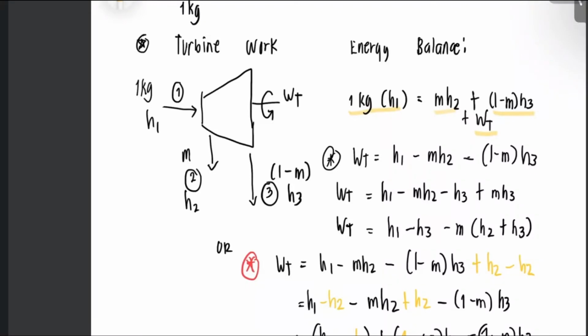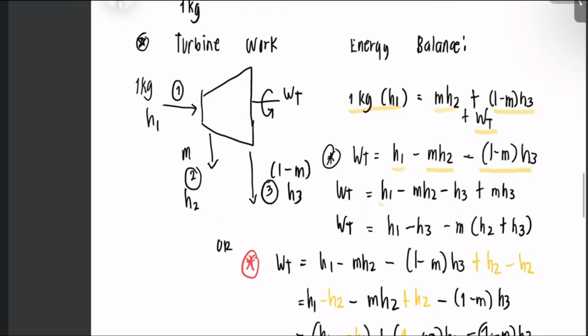And simplification, the work of the turbine now is equal to H1 minus MH2 minus the quantity 1 minus M, H3. Yan. So, distributive property, negative times negative, positive na yung magiging MH3 natin.